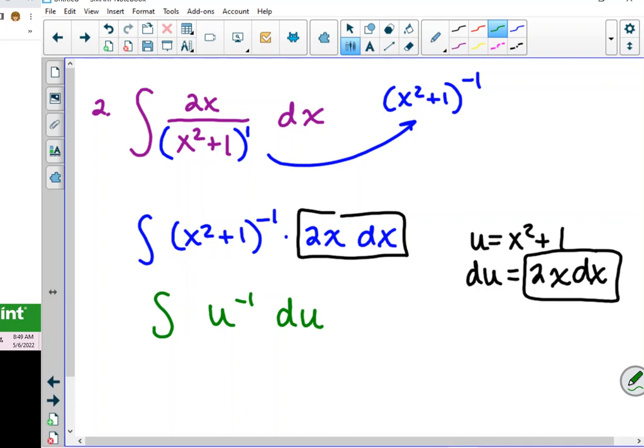What am I supposed to do next? How do I find the antiderivative of u to the negative 1? What am I supposed to do next?